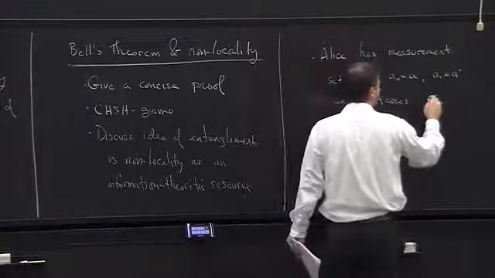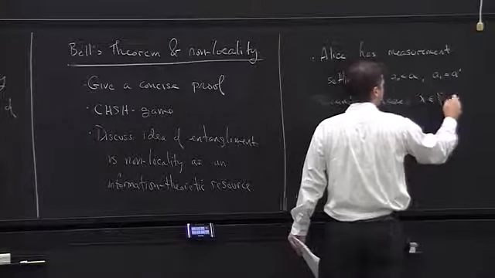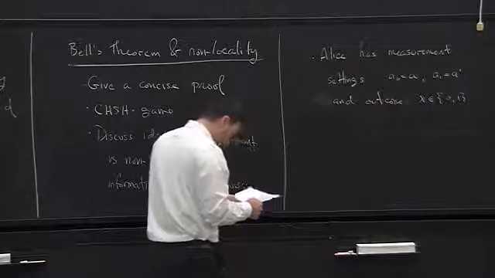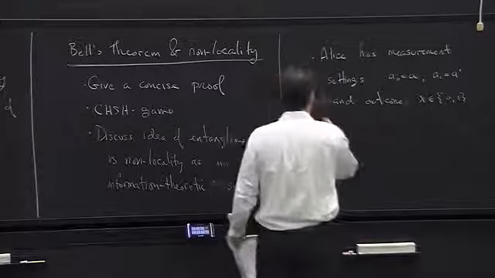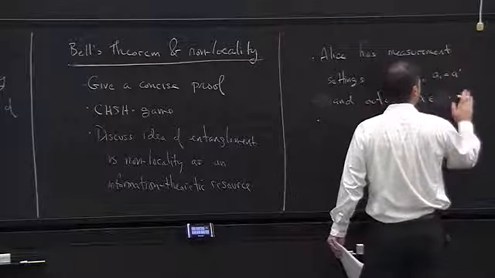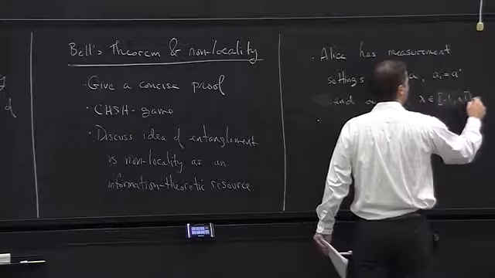And outcome X, which we'll just call 0, 1. Or is it plus minus 1? Oh, actually, yeah, we're allowing the continuous interval. Sorry, that's the point. Minus 1 to plus 1.